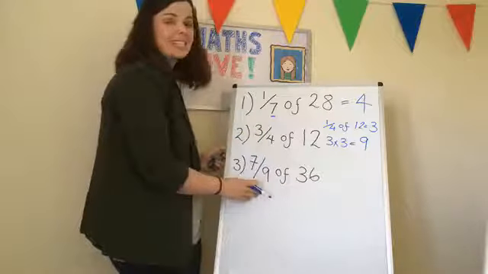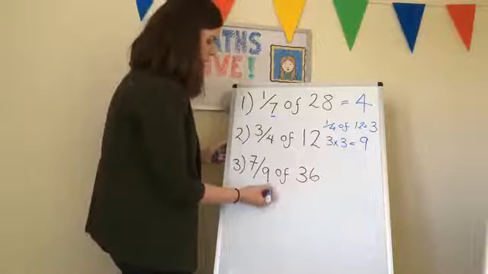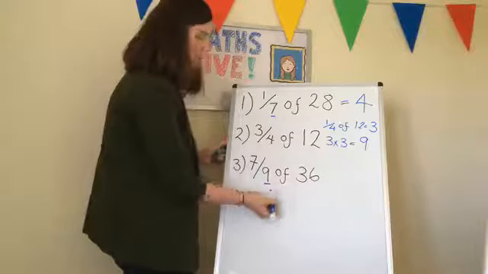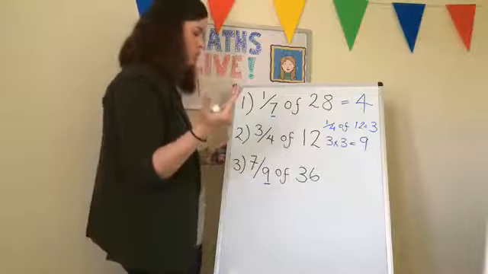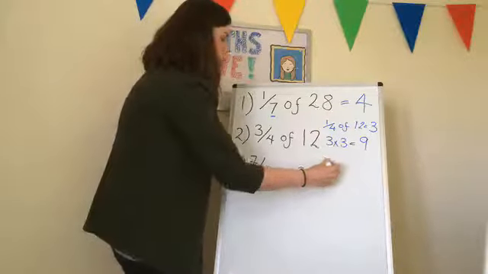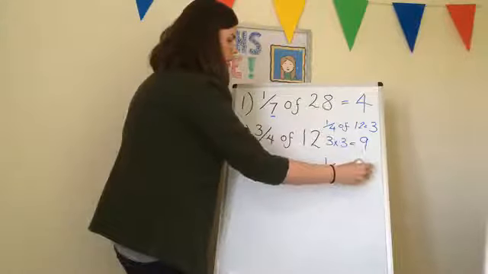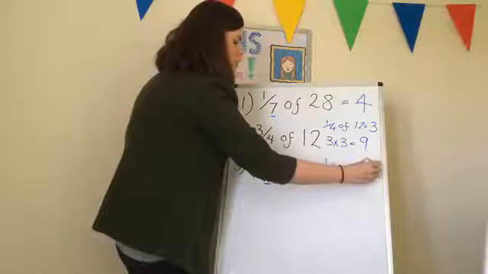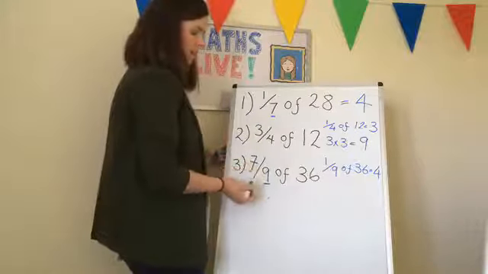And the last one, exactly the same technique, it's just odd numbers. So 9, so we do our 9 times table. How many 9s are in 36? 1 9 is 9, 2 9s are 18, 3 9s are 27, 4 9s are 36. So 1/9 of 36 is 4. 4 9s are 36, but we want 7 9s.